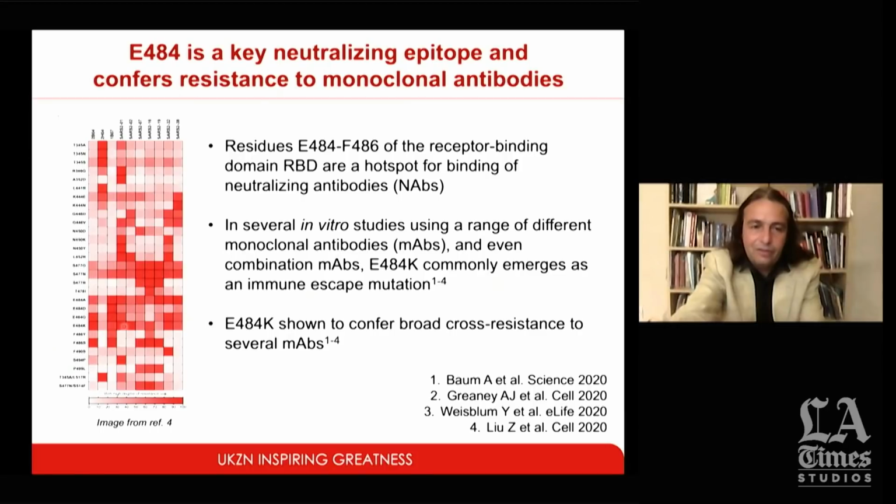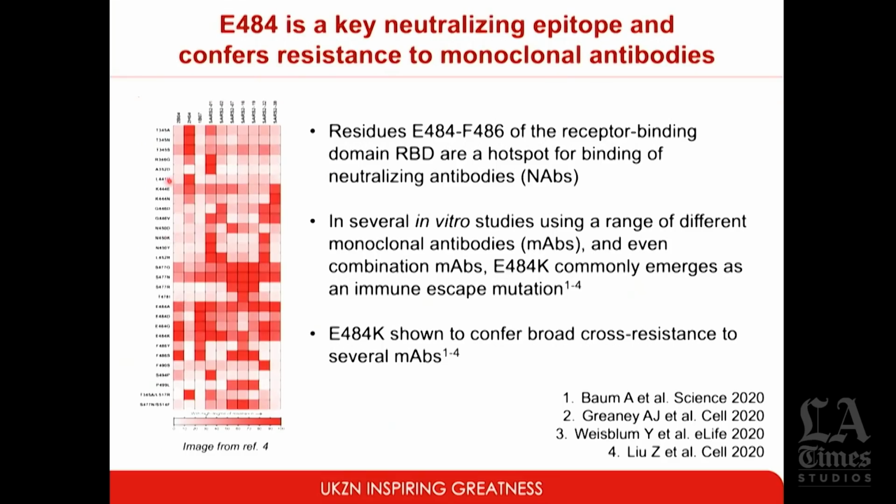Yeah. In this graphic here, I know it sounds complicated, but it is not. If it's dark red, it means that there is resistance to the different antibodies, the antibody names on the top, and here is the position of the mutations. Yeah. So you're going to see this big cluster of red around the 484, especially the 484K, because this is the mutation that was shown to confer the broader cross-resistance to several monoclonal antibodies and even combinations of them.